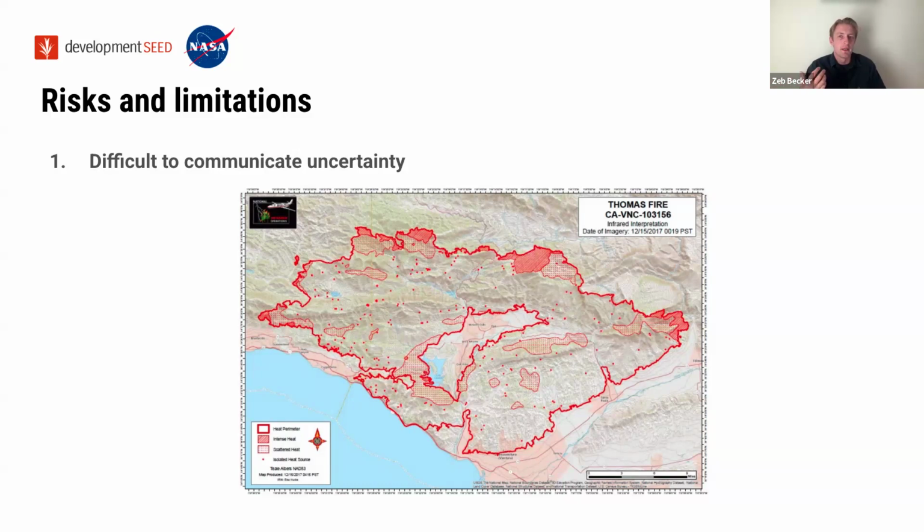So this is a case where being a couple meters off is really significant. But think back to what I was saying about a hot pixel: it can mean that there's a fire anywhere in that 375 meter by 375 meter square on the ground. So luckily, in this case, there were already a couple engine crews nearby who were able to visually confirm that there was, in fact, no fire that had spotted across the line.